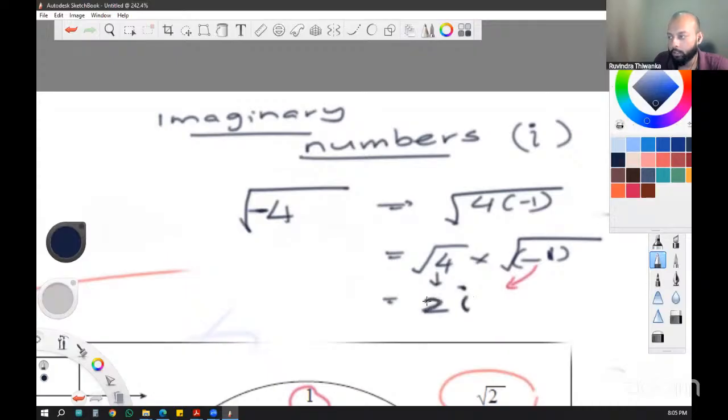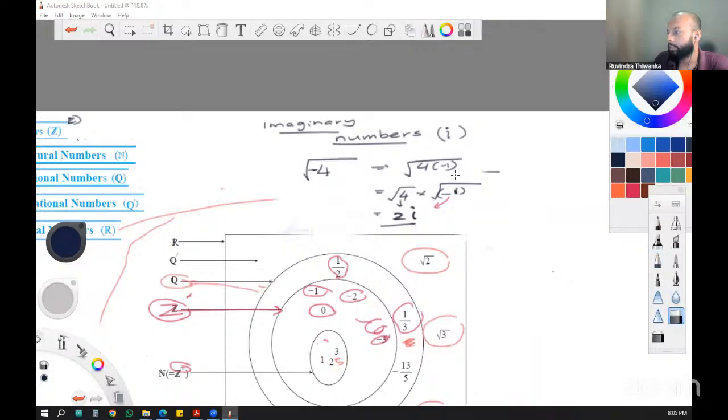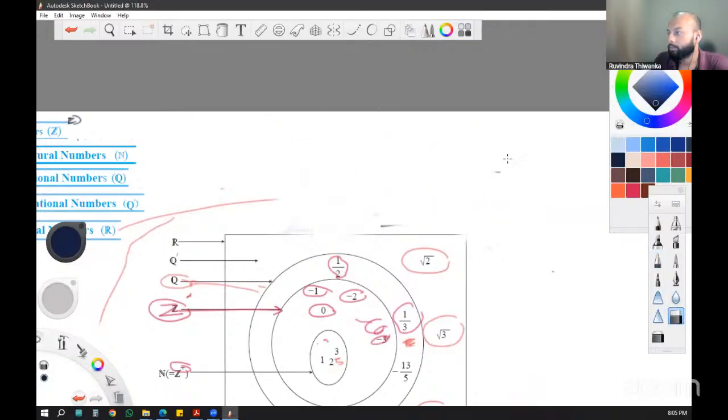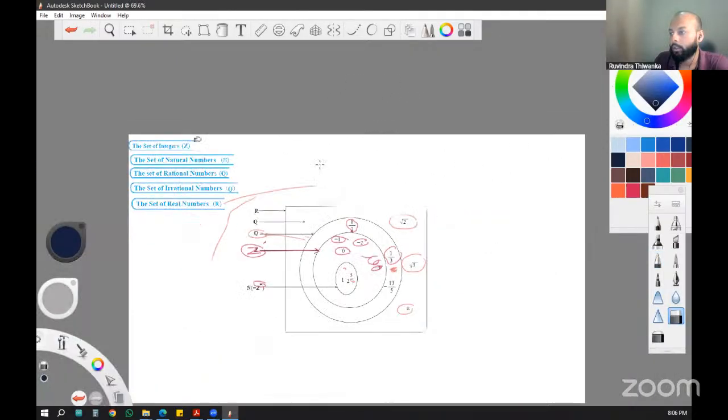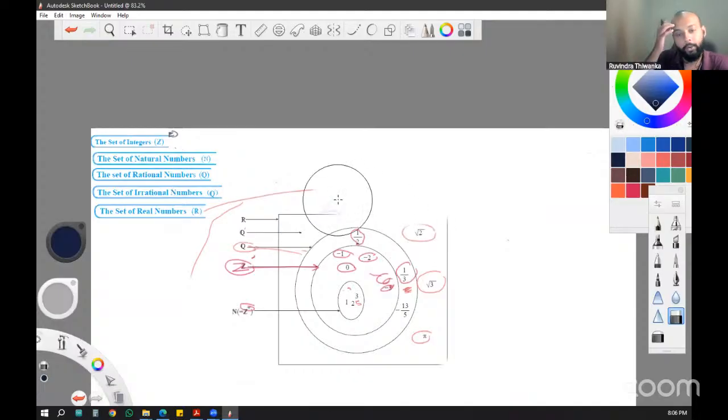This is for your A levels, imaginary numbers. Okay, remember. Then we are going to learn about thirds, what we started right now. Square roots, we are calling these roots.